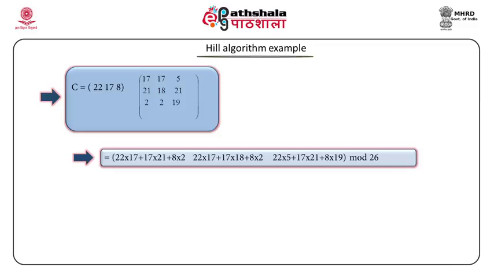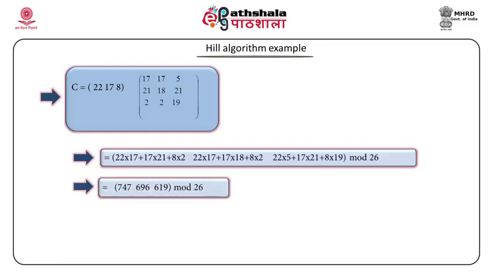And now you are clear about the process. Take the 8, multiply it with the third column of the key matrix, and you end up with the third character of the ciphertext. If I do matrix multiplication and addition, I end up with the values 747, 696 and 619.